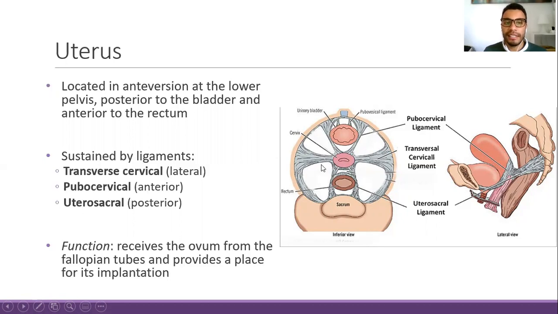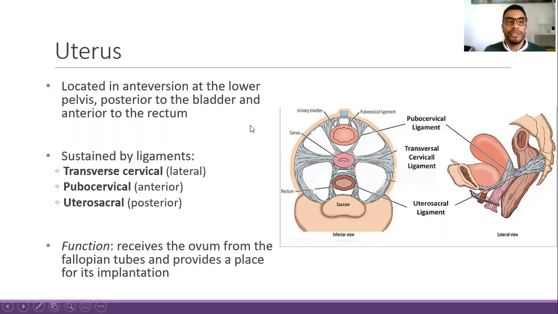The pubocervical ligament is this one here, anterior to the uterus. And the uterosacral ligament is posterior to the uterus. According to their names, you know their insertion: this one goes from the uterus to the pubis, and this one posteriorly goes from the uterus to the sacrum.